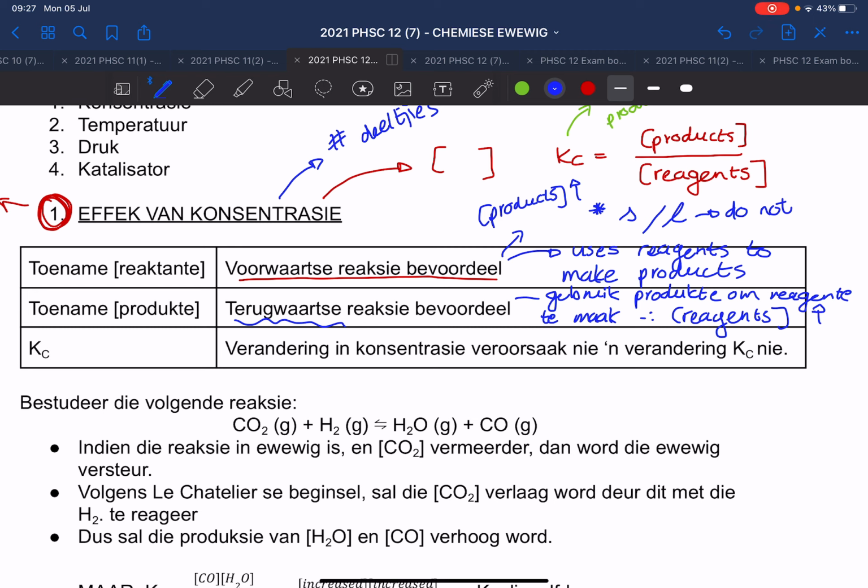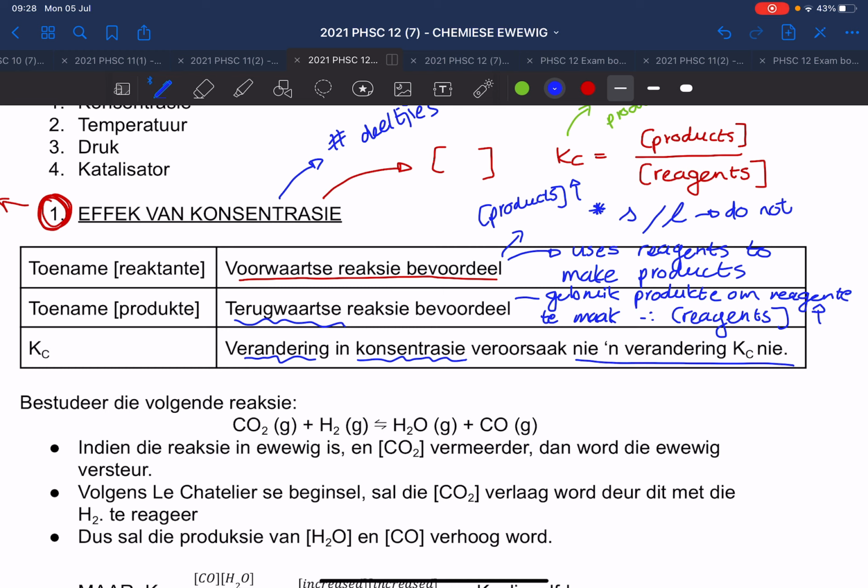Okay. Goed. Dan sit vir ons daar die Kc waarde. Nou it says here a change in concentration, 'n verandering in konsentrasie gaan nie 'n verandering in die Kc waarde bring nie. Okay, now this seems a bit off, like waar kom hierdie nou vandaan? Hulle gaan vir jou sê of jy moet weet, you must know what changes can change the equilibrium, watter veranderinge kan die ewewig verander?